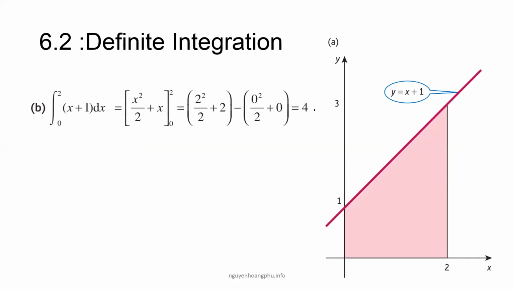So if you substitute inside here, we will have is equal to 4. So this area is 4. Why do we need to do this? Why do we need to calculate the area? Because you are going to find the consumer surplus and supplier surplus.